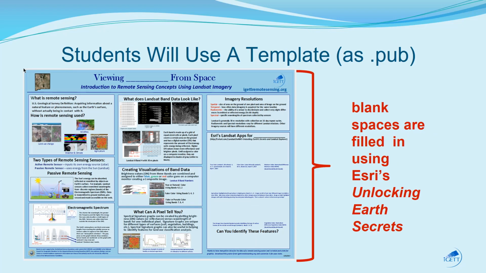What students get is a blank poster. Well, it's not completely blank. It has all the concepts in it, but they have to fill in the boxes on the right. They can use Unlocking Earth Secrets or Landsat Explorer, and then use Clip It to fill in those blank spaces.